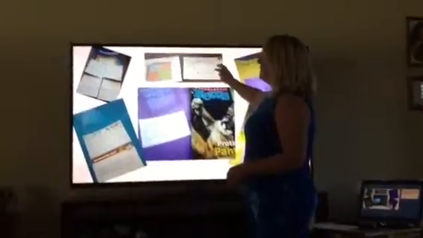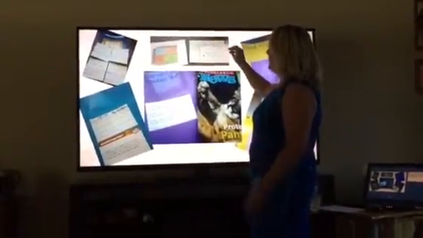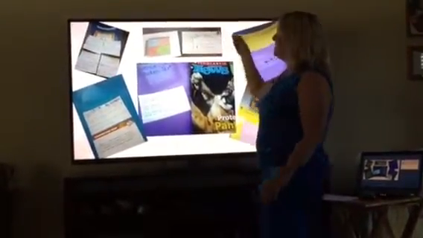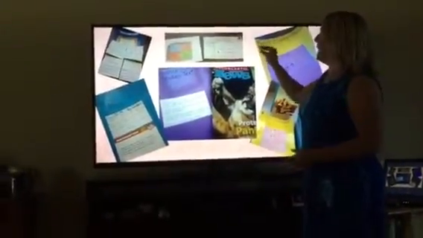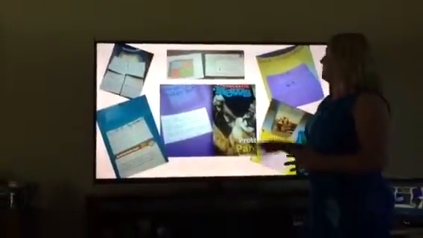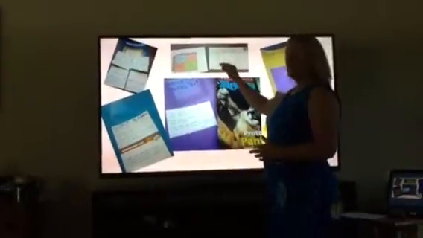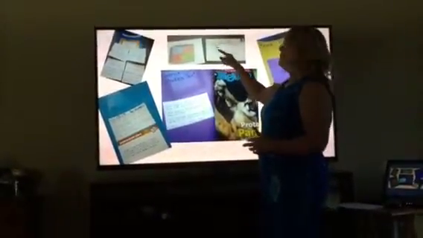Here is your guided question grid. They take stories, this is like a small story from the Wonders book, and they have to create questions from there. That's where you use your who, what, where, when, why, and how. And depending on the extent of the question is how many points you earn for that.